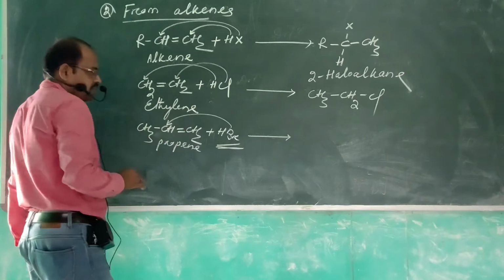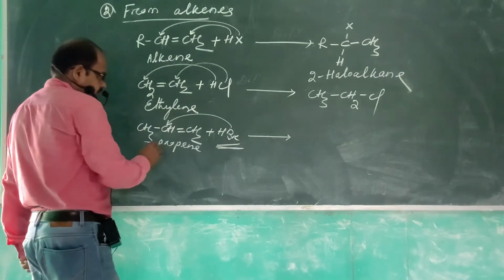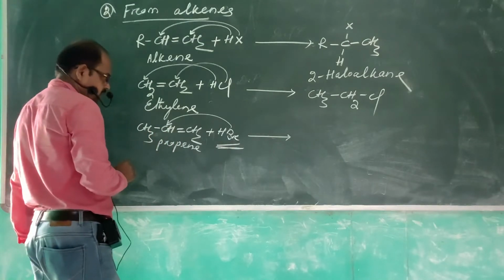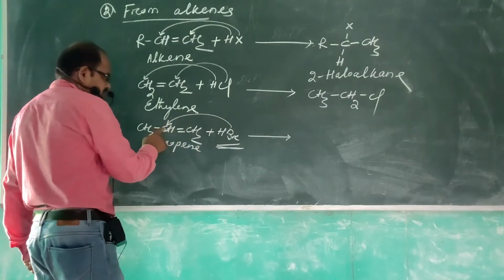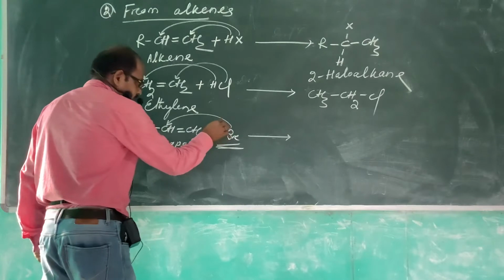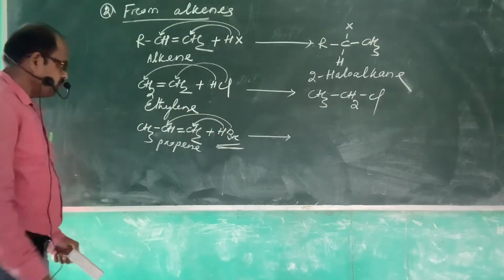This rule is called Markovnikov's rule. It means when pi bond of propene dissociates, bromide group is attached to the carbon atom which contains less number of hydrogen atoms. Then hydrogen atom is attached to the another carbon atom of the multiple bond.